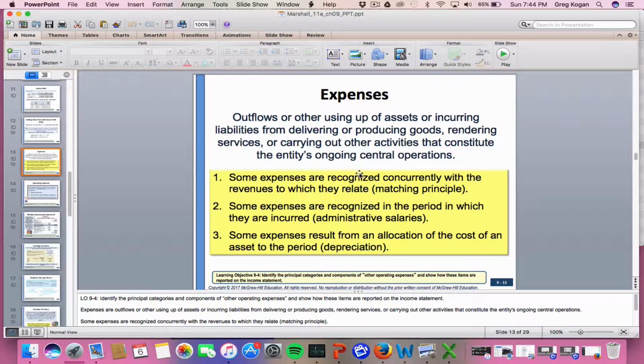And then we have periodic expenses like salaries that have to be booked in the period that they were incurred. And then there are costs regarding assets, like depreciation, that get allocated. So the main principle is matching.